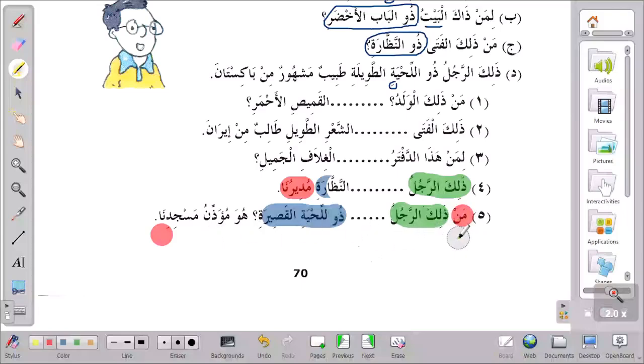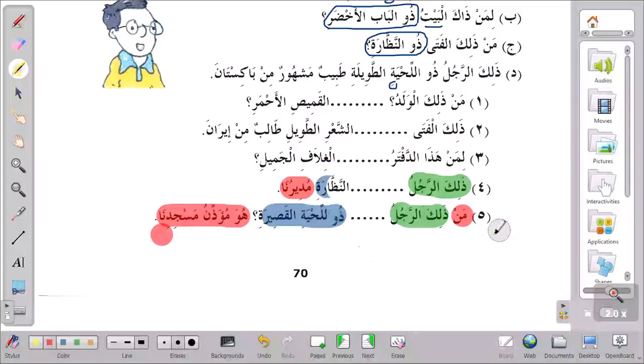Why do I say it is the khabar? Because that will give us information. Huwa mu'azzinu masjidina. Which part of this sentence corresponds to this? Just look at the red, the green, and then the blue. Which one gives this answer?